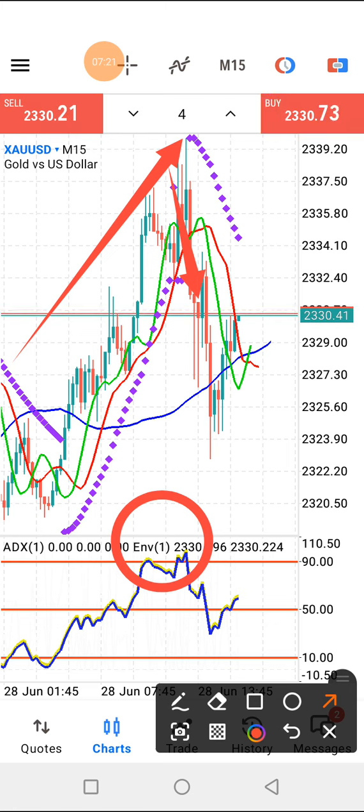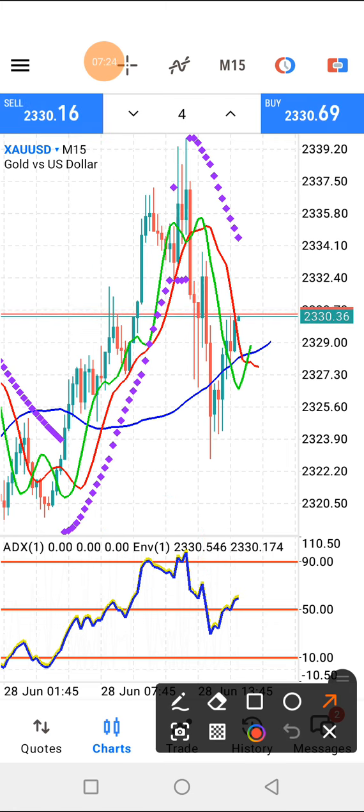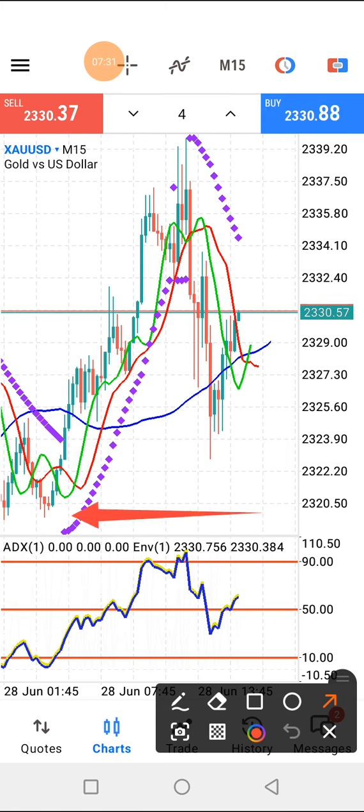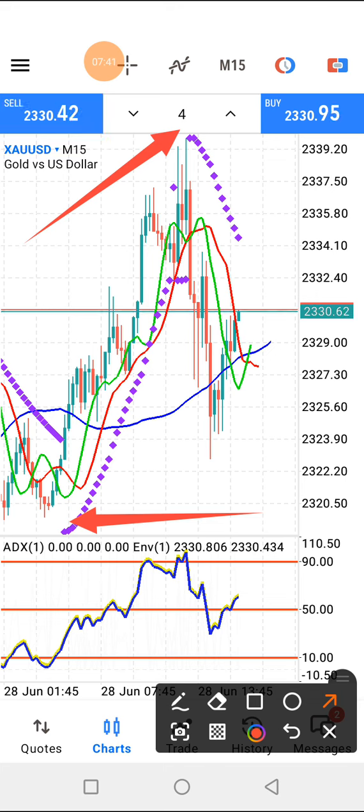First, you need to identify where the support zone is. In this case, this is our current support zone, and here's our current resistance zone. So if we're going to be taking a sell, we've identified our first support zone. The second zone we need to identify is the blue line of the alligator, which is this line.